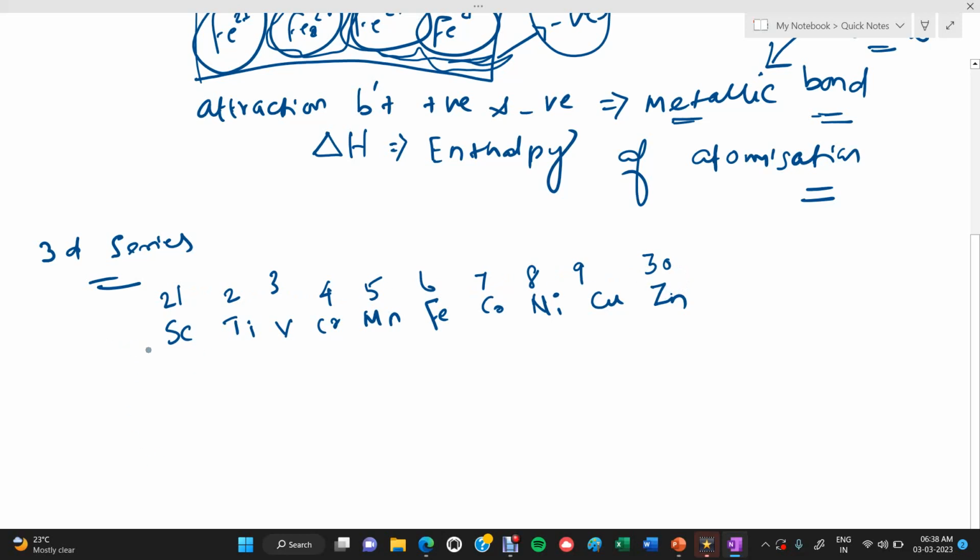Let us write the configuration here. That is easy. I think you know that it is 3d 1 to 10, or (n-1)d 1 to 10 and ns 1 to 2.